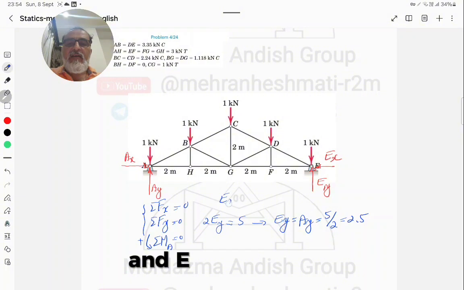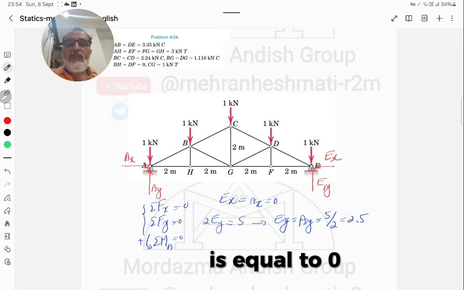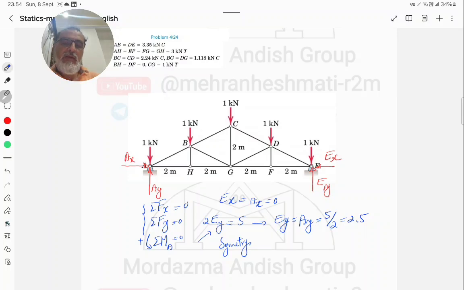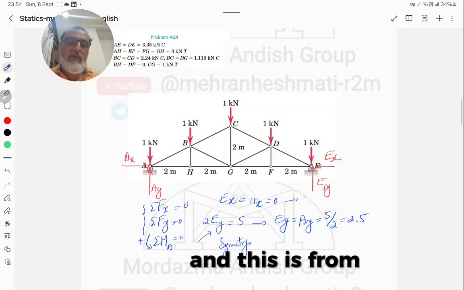And E of x is equal to A of x is equal to 0. This equation is from symmetry, and this is from the problem.